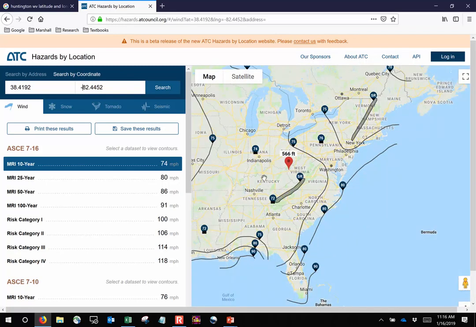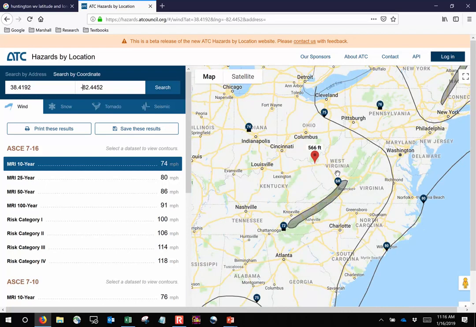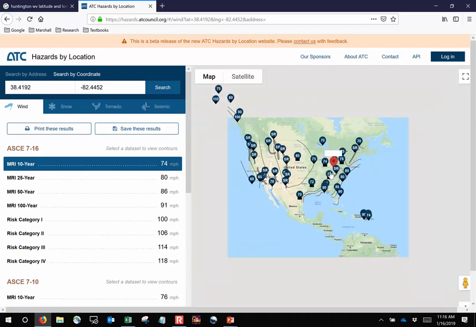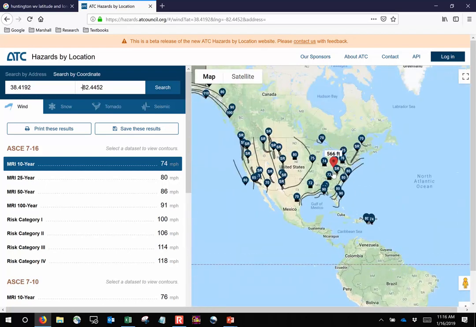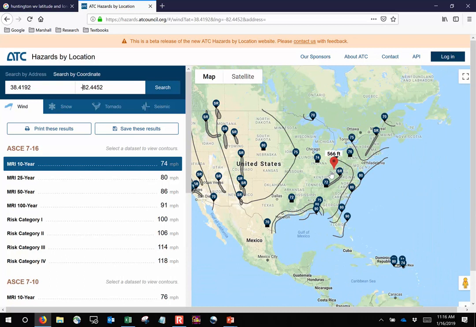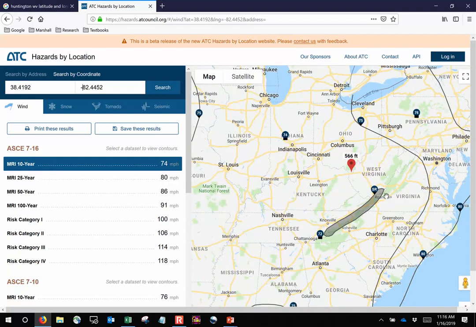So you can see a couple things. For instance, let me zoom out a little further. Oh, goodness. So you can see here's the wind speed map in the United States. And basically it's identifying where you fit within the wind speed map. See this shaded area right here? This is the special wind region I was talking about earlier.